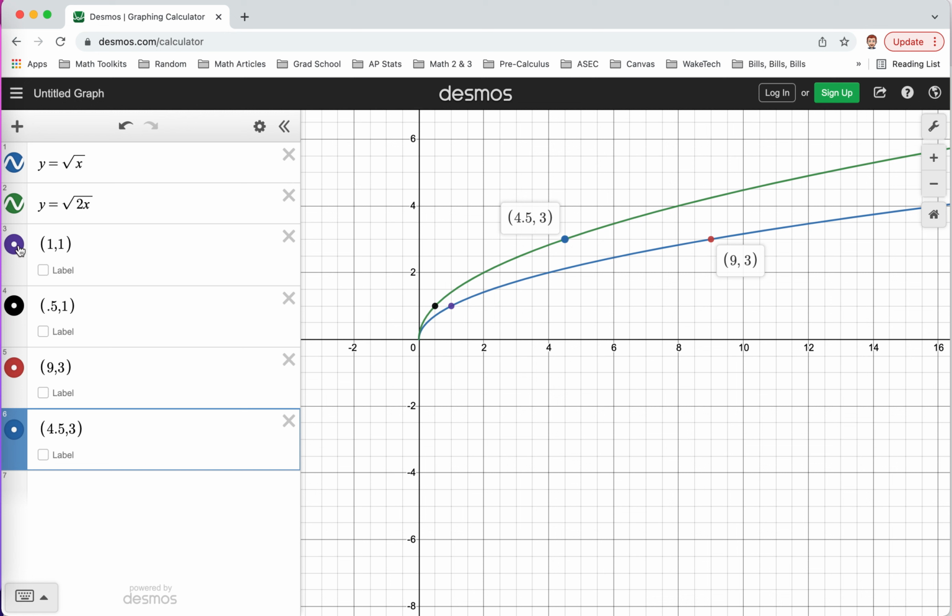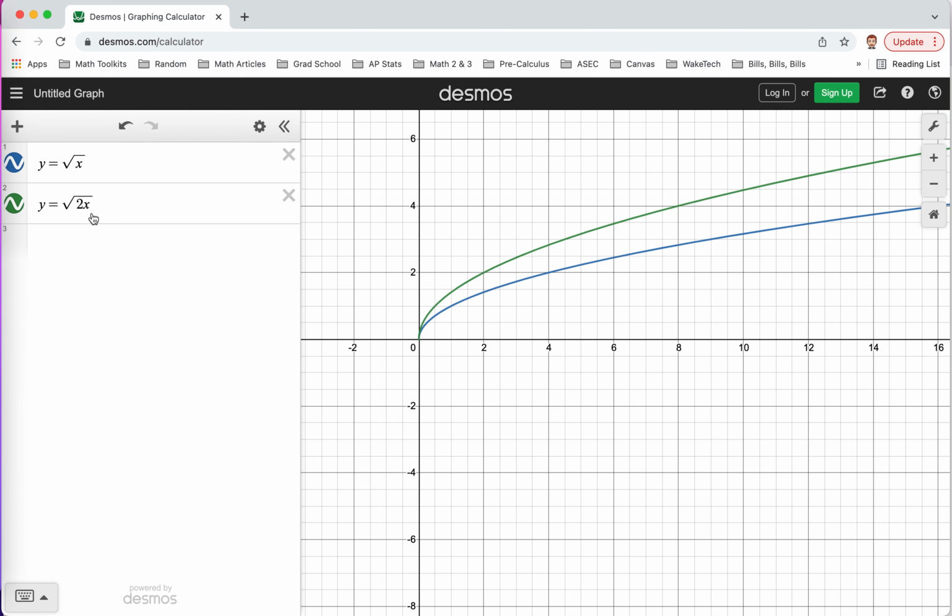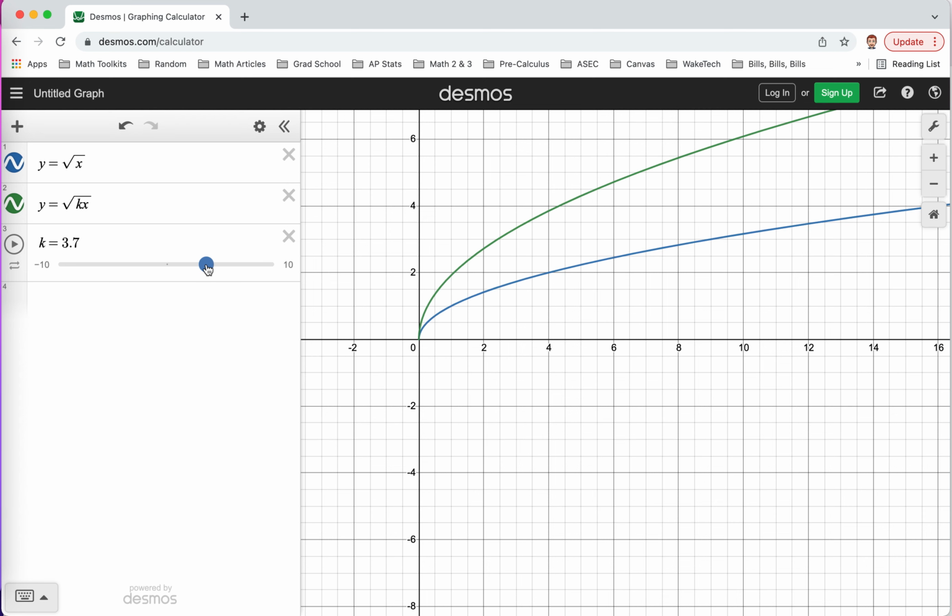So that's what's going on when there's a value bigger than 1 every single time. So let me make that k slider. Something bigger than 1 is horizontally shrinking. So even though I made it like a 4x here, that has shrunk this horizontally.